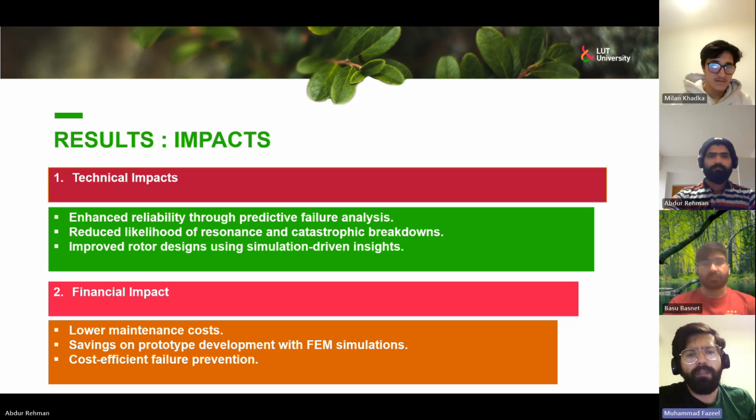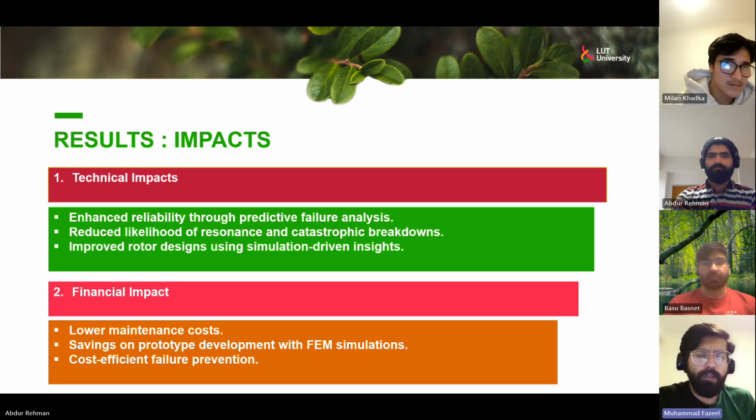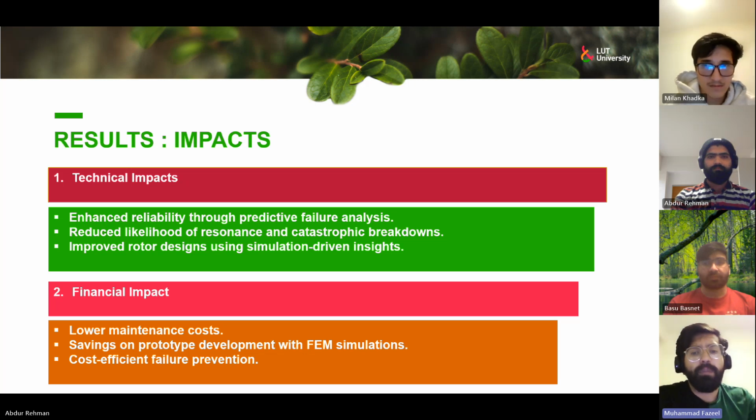Another key benefit of FEM is its ability to detect and mitigate the risk associated with resonance. Modal analysis through FEM identifies natural frequencies and critical speeds, along with operational adjustments that prevent catastrophic vibrations. Furthermore, FEM simulations offer detailed insight into stress distributions and thermal behaviors, enabling engineers to refine rotor designs for greater durability and performance under extreme conditions.